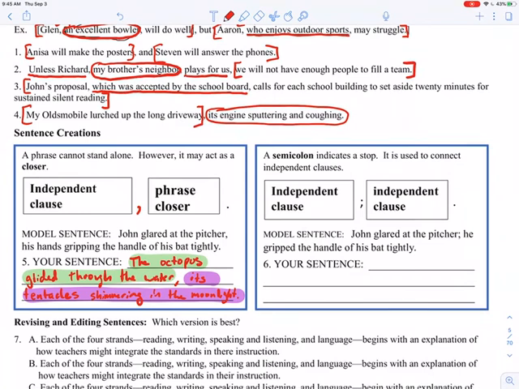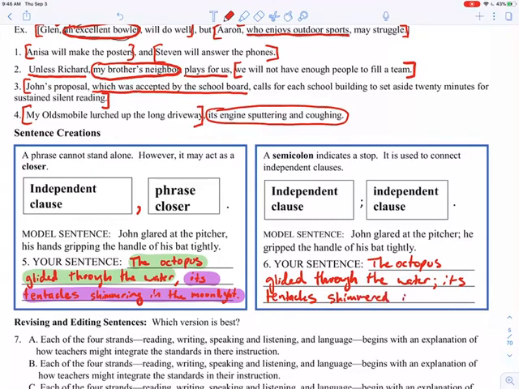The octopus glided through the water, semicolon, its tentacles shimmered in the moonlight.